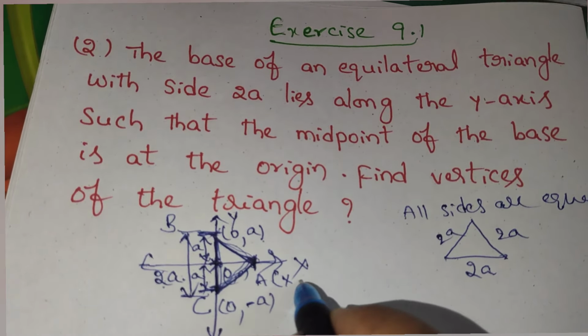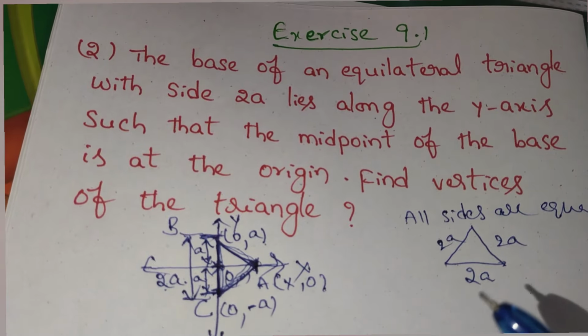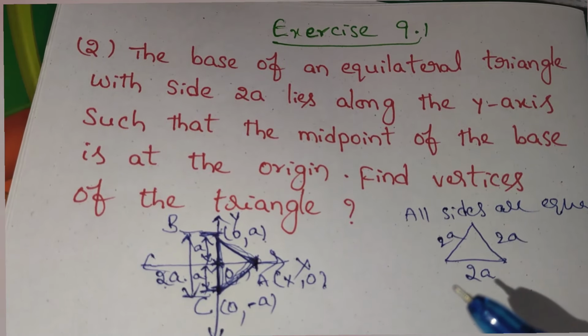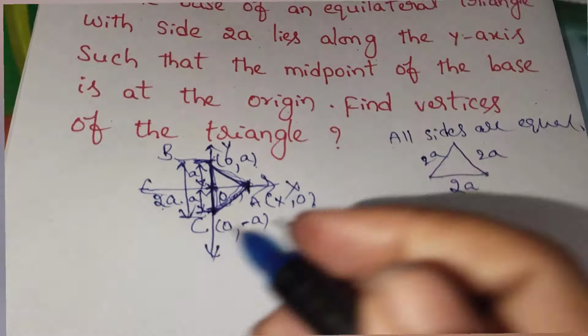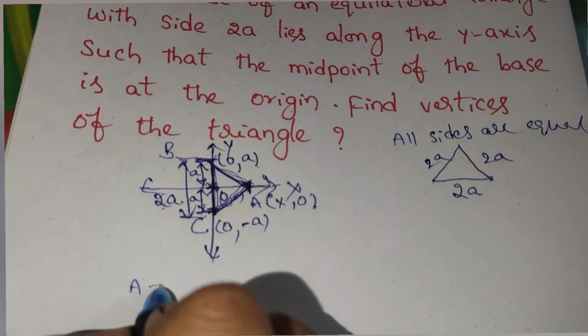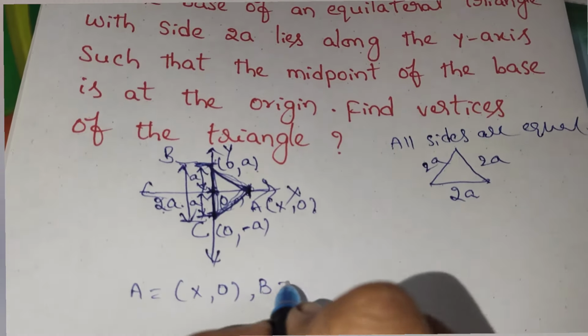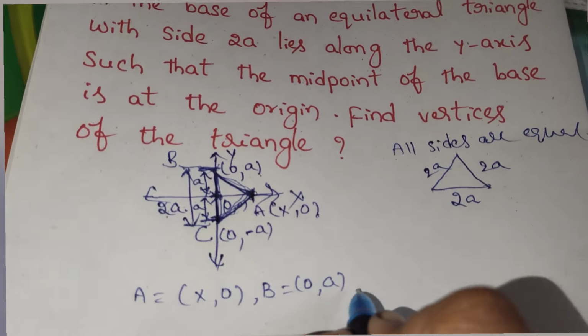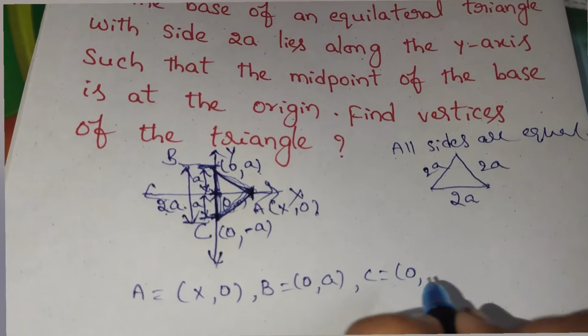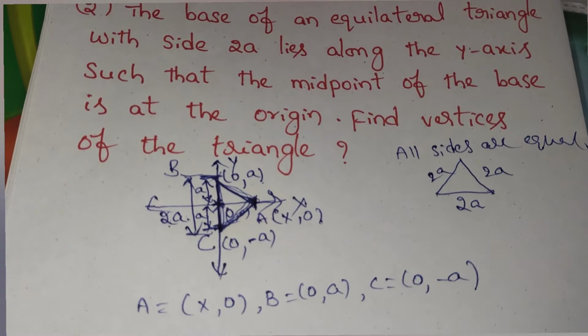So I will consider point A as x, 0. Now I will write these points: A is x, 0. B is 0, a. C is 0, minus a.